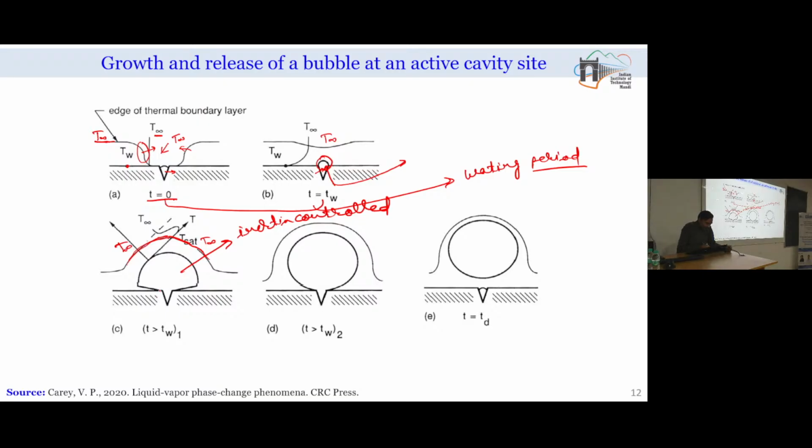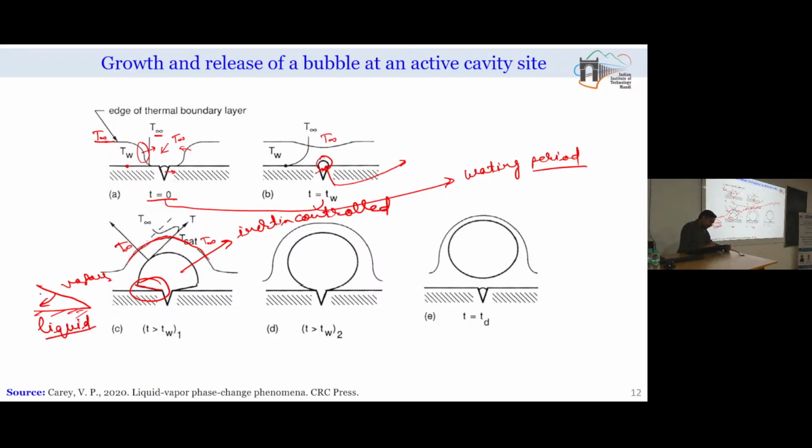Now, during this expansion process, as I told you, it is not a complete truncated spherical cap, but we have some interface over here also. If I zoom in on this, if this is my solid surface and this is the vapor, then in between the solid and vapor I have some amount of liquid which is entrapped over here.